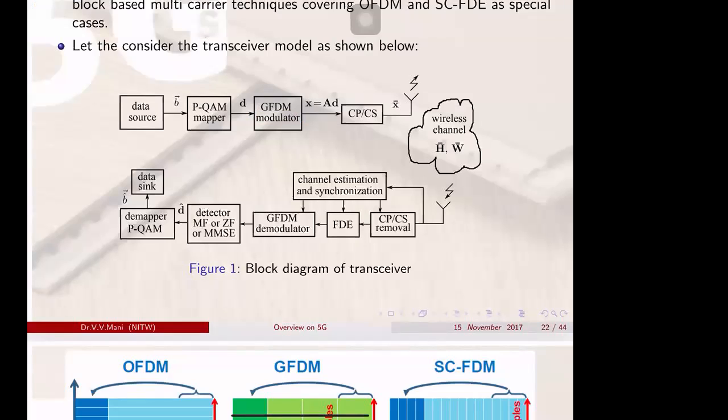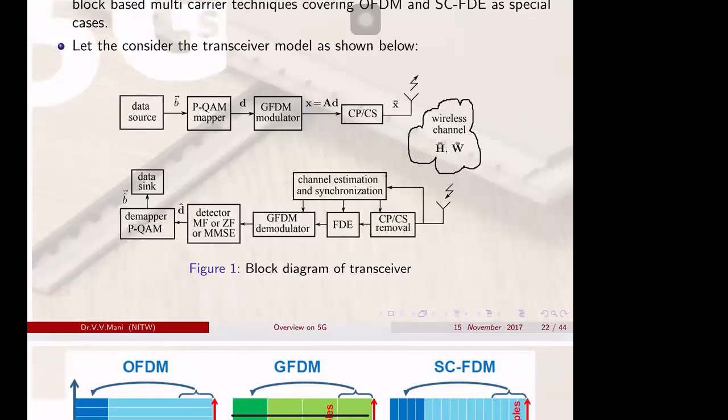Then it goes through the wireless channel. We remove the cyclic prefix, we do some equalization, and channel estimation and synchronization are the most important issues in GFDM. And we go through the GFDM demodulator, then we use a detector, either matched filter, zero forcing or MMSE filter, and we do the demapping and we take the data estimation.